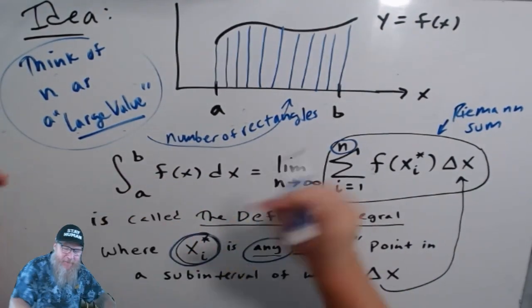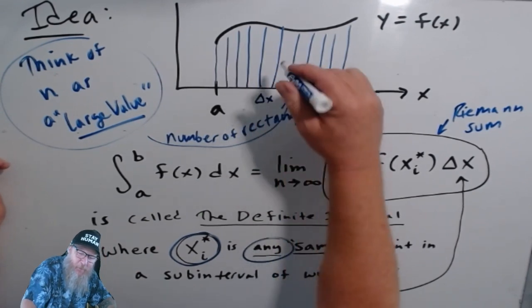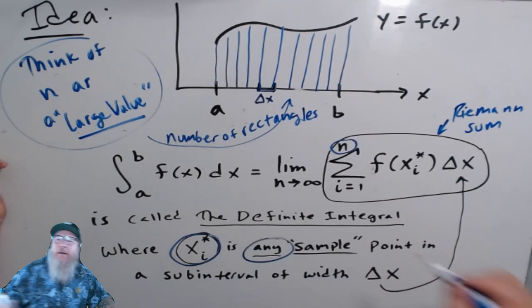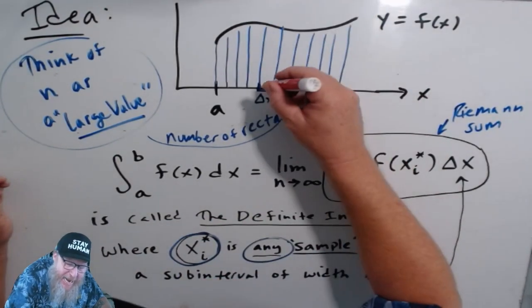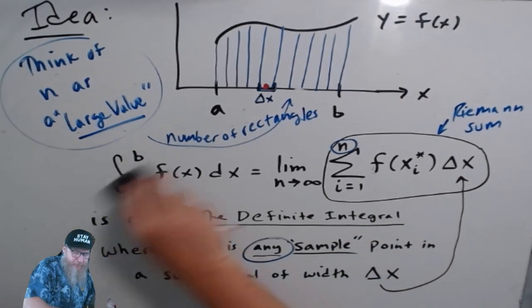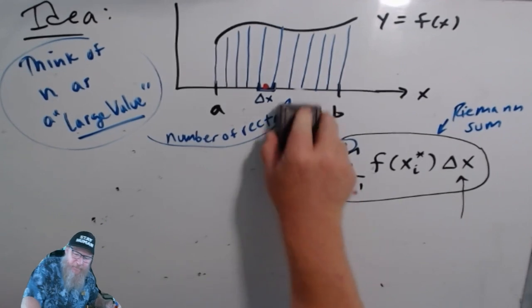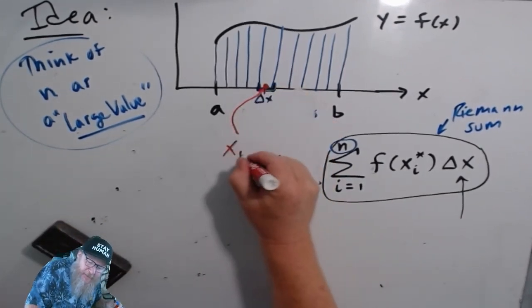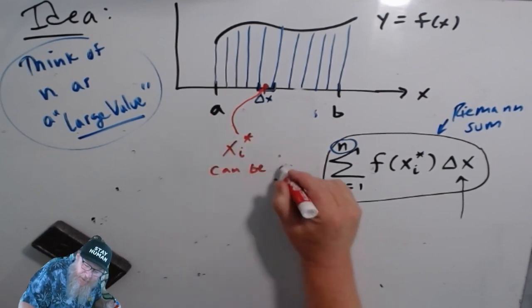So if you have a rectangle of width delta x, you can pick any point. Xi star can be any point.